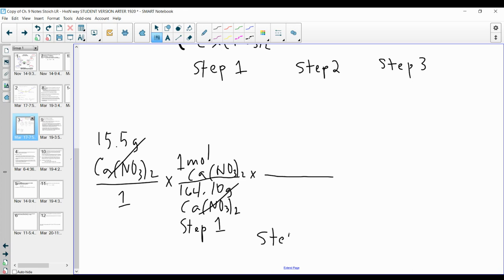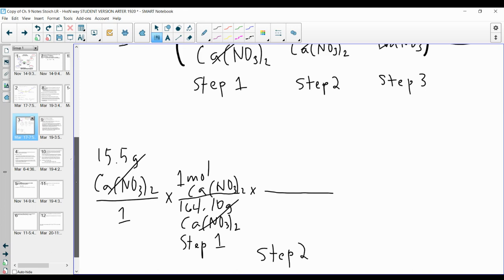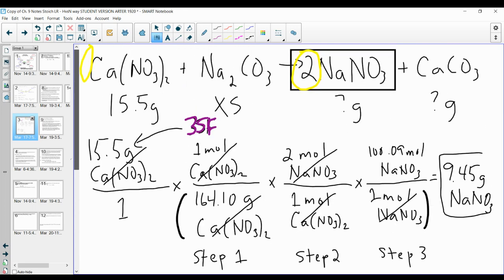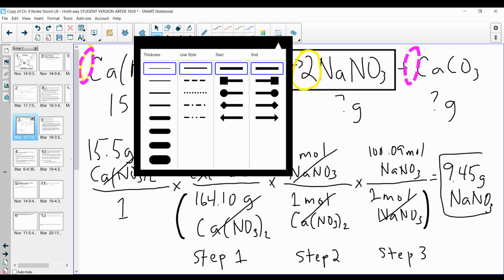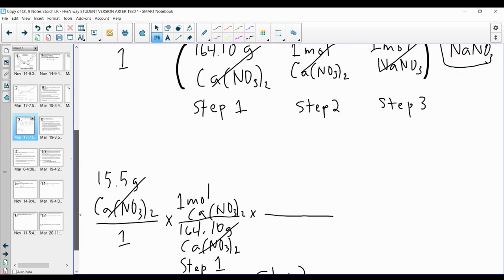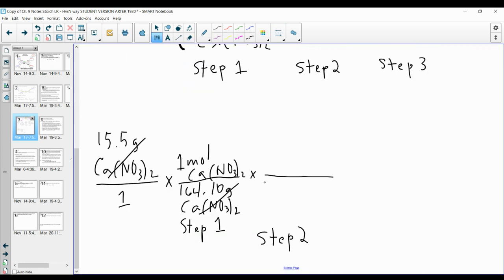Step 2, now we have that mole ratio. So as we go back up and look at our balanced chemical equation, the coefficient in front of the calcium nitrate is still a 1, but now we're comparing it to the calcium carbonate, which is also a 1. So let's go back down into our equation and apply those coefficients.